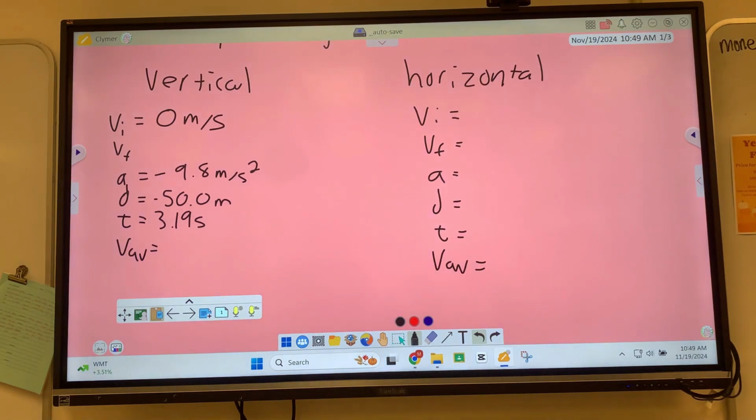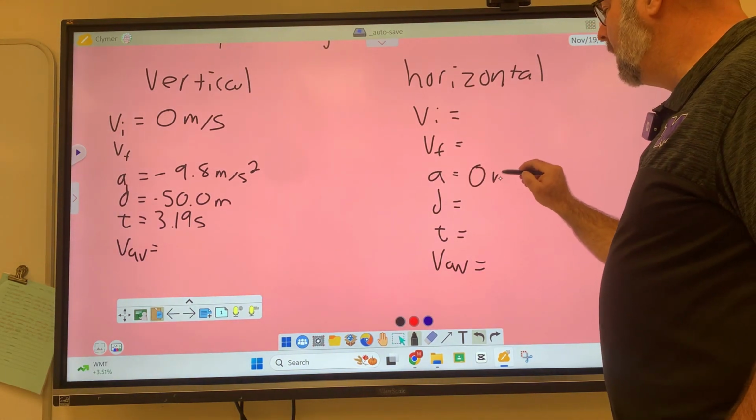Think about the example we did with the cannon and the cannonball. What number did you keep writing over and over through that whole question? Flip back a page or two in your book. Did the horizontal velocity ever change? No. So if the velocity doesn't change, what's the acceleration? 0. Don't make this harder than it has to be.